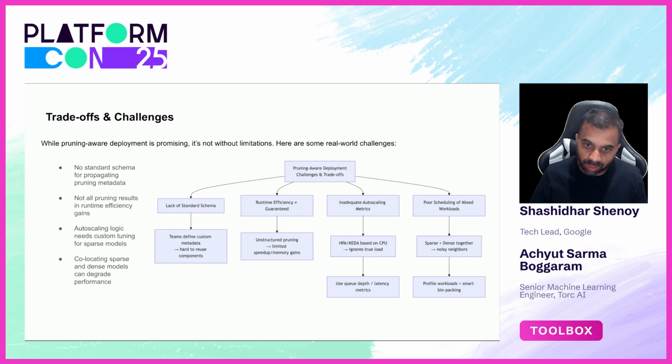Overscaling might lead to underutilization of resources, and underscaling would lead to dense models and the pruned models being on the same node. Having said all these things, we still feel that there is a lot of value that the infrastructure would unlock by making it pruning aware. So this is something that we definitely encourage users to adopt.